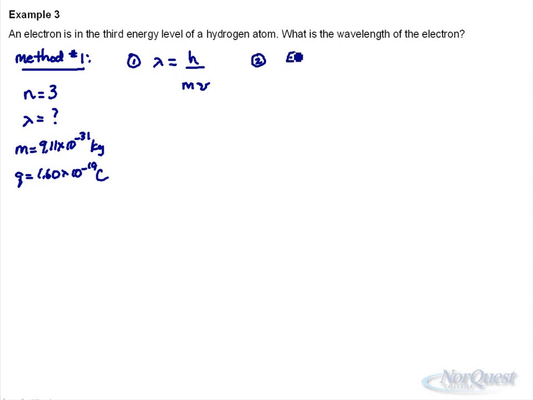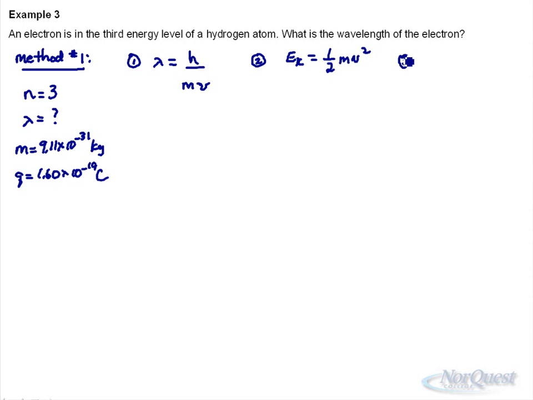If I can figure out what the kinetic energy of it was, it'll be equal to 1/2 mv squared. The only problem is I don't know what the energy is, but I can figure it out because I know that the energy of the electron will be equal to the energy level.